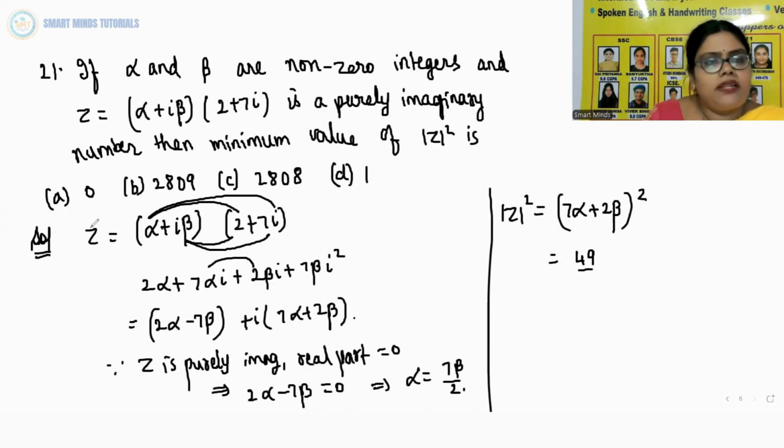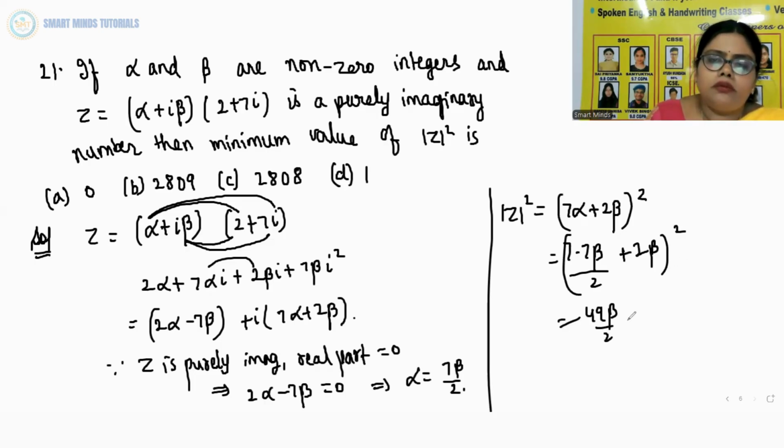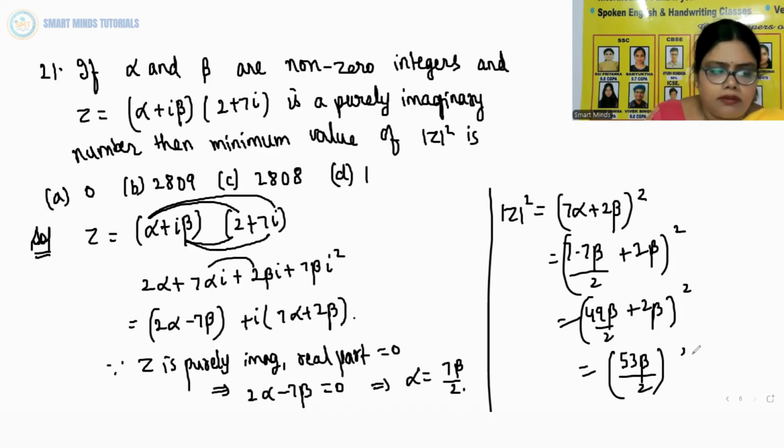Let us substitute alpha as 7 beta by 2. So 7 into 7 beta by 2 plus 2 beta whole square. So that is 49 beta by 2 plus 2 beta whole square. If you take the LCM, we will get 53 beta by 2 whole square. So what is the minimum value of mod z?